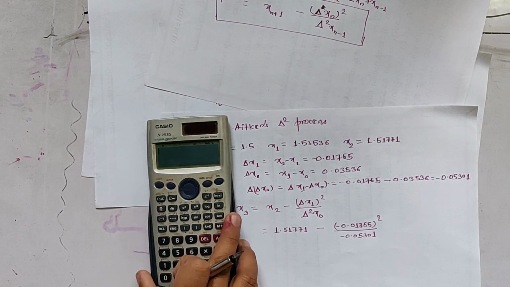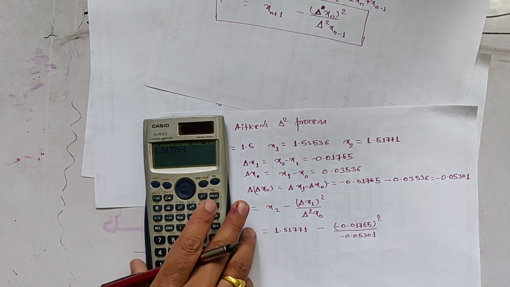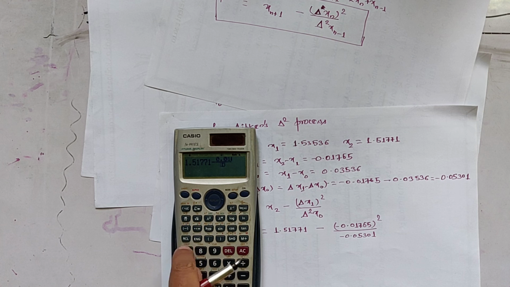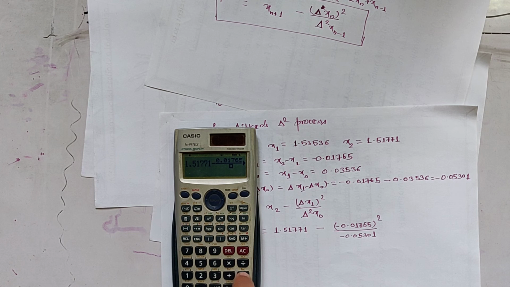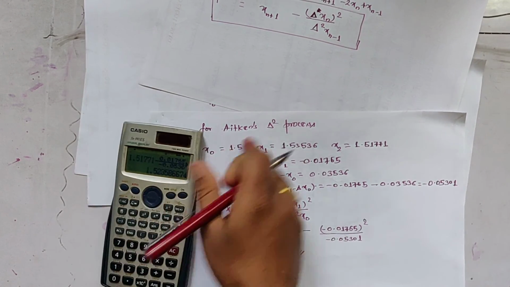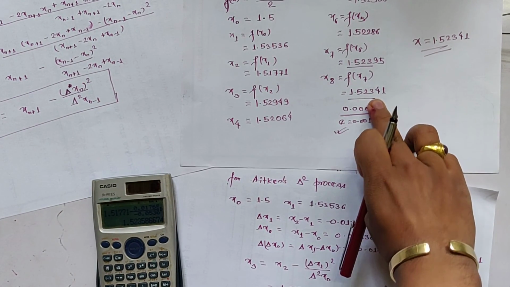So we get 1.52358. Yes. So in the first iteration we have got the value equivalent to the 8th iteration.